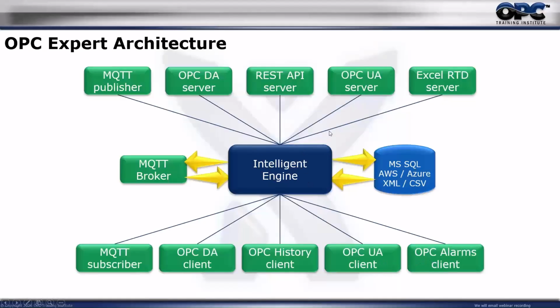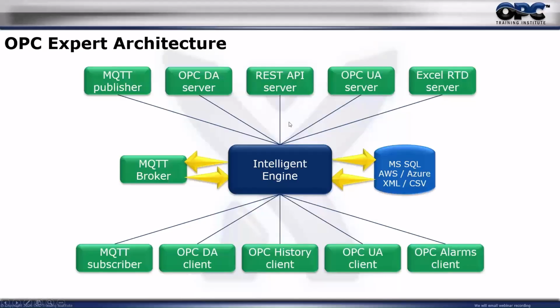And all of this data, both real-time and historical, can even be made available directly to Excel using the real-time data server. So all of this is included inside OPC Expert, all of these modules.